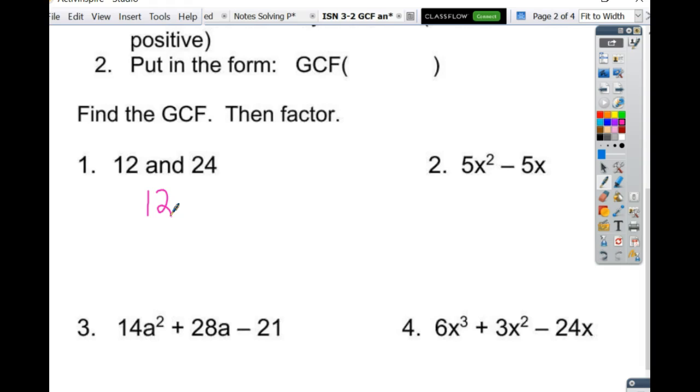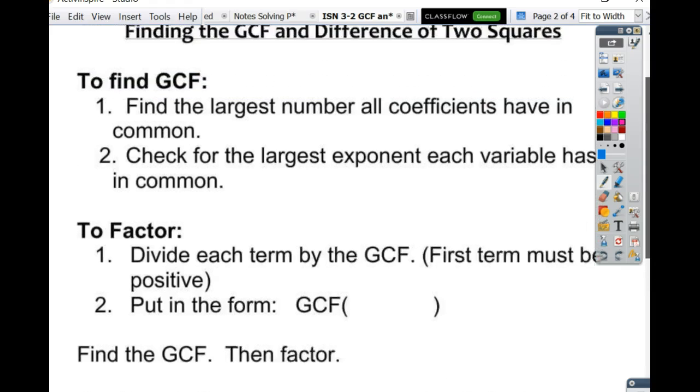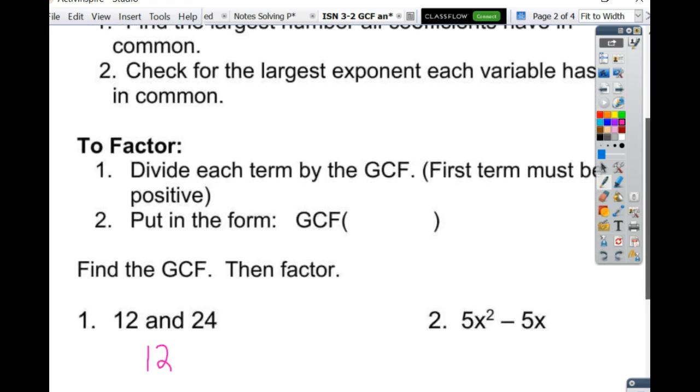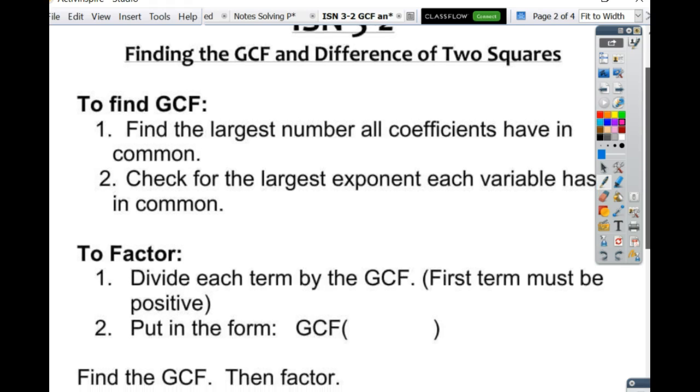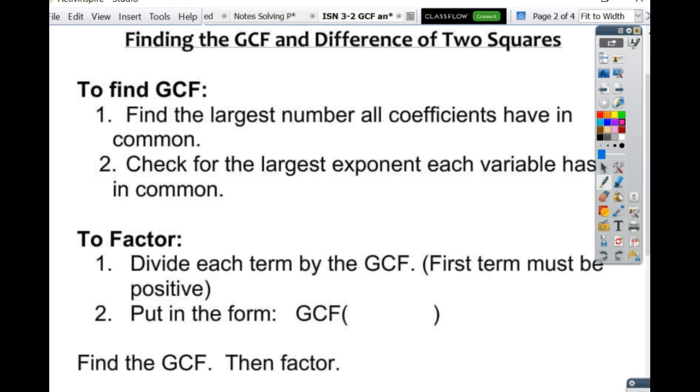So the same thing applies to this. If I wanted to know what's the greatest common factor here, the 6, the 4, and the 3, they don't have anything but a 1, right?